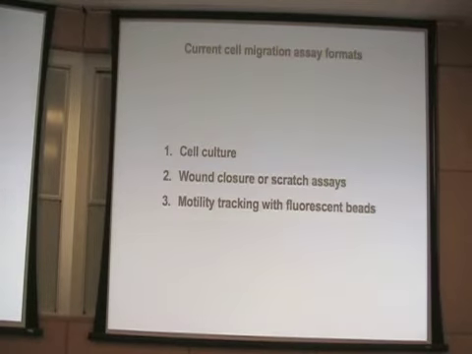For this, you usually use a pipette tip to produce a gap in the middle of a culture dish and follow the gap closure over time. And then, I never used this actually, but obviously there were some labs that use fluorescent beads, and they followed these beads by fluorescence microscopy, and they were able to track those cells.